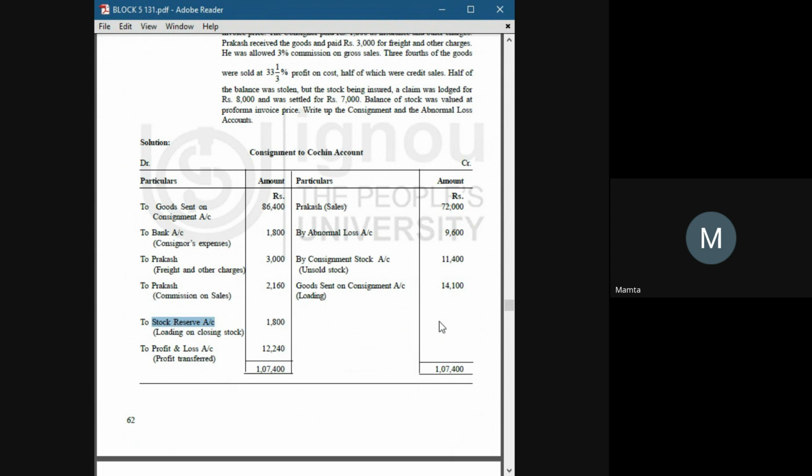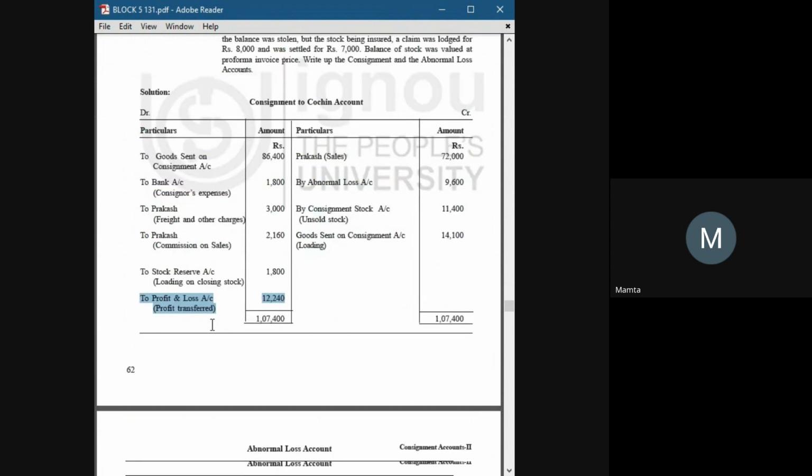When you add both sides, it will show a credit balance, and the debit side will be short of 12,240, and you will put this amount under the name of profit and loss account. It is a profit.